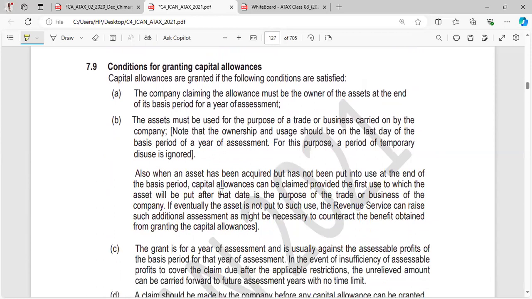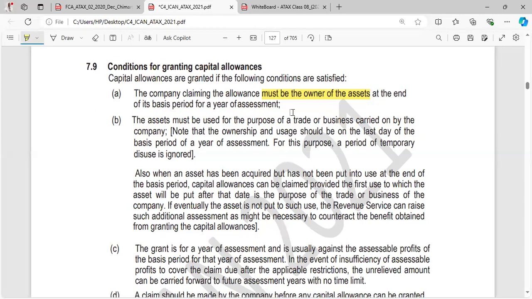Now, conditions for granting capital allowances. Capital allowances are granted when the business fulfills the following conditions. One, the company claiming the capital allowance must be the owner of the assets at the end of its basis period for the year of assessment.